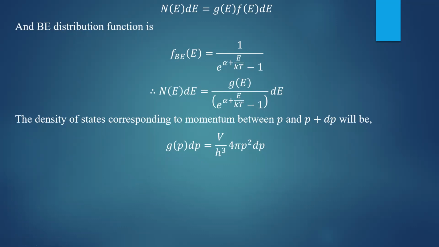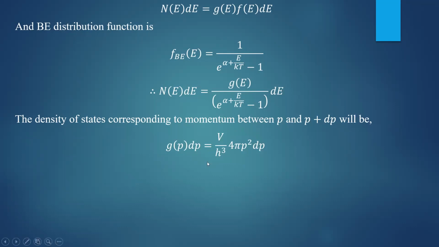We have given the expression for density of states in momentum space, and density of states in energy space also. So this is basically the density of states in momentum space. Here, the number of available states having the momentum P is given by V divided by h cubed into 4 pi P squared into dP. This is the basic equation. I am not going to derive it, as you have already discussed it in one of the previous classes.